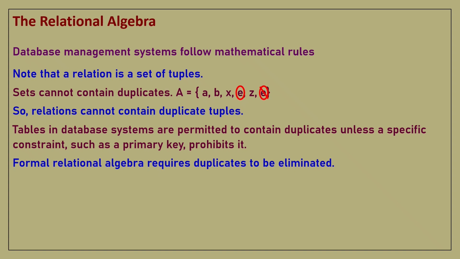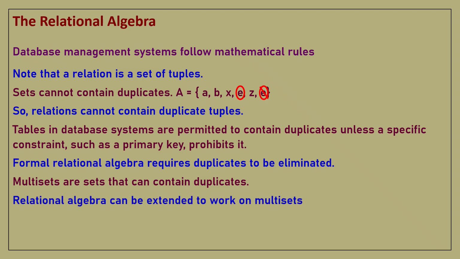While discussing the formal relational algebra, duplicates are eliminated, as this is a requirement of the mathematical definition of a set. Multisets are sets that can contain duplicates. Relational algebra can be extended to work on multisets. Now we will see relational algebra operations one by one.